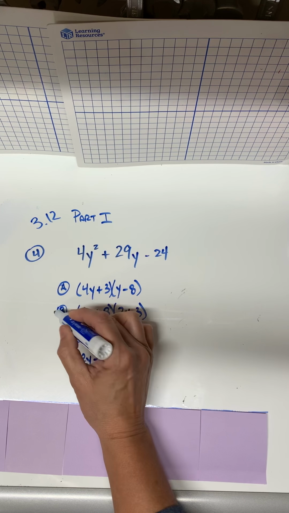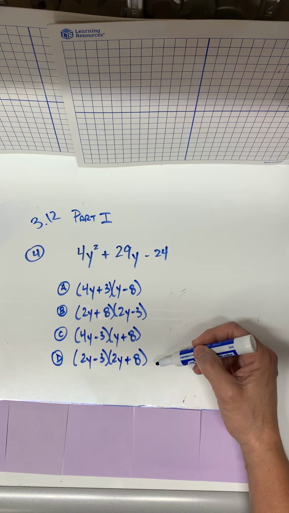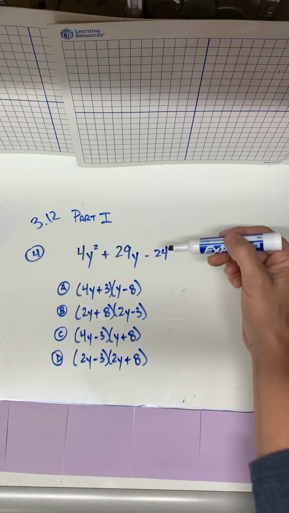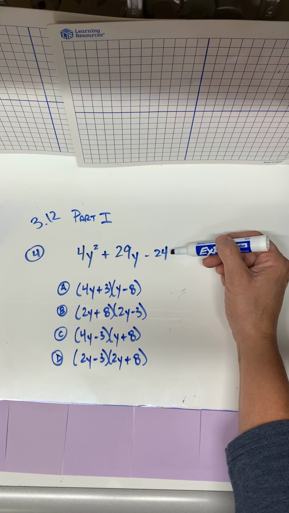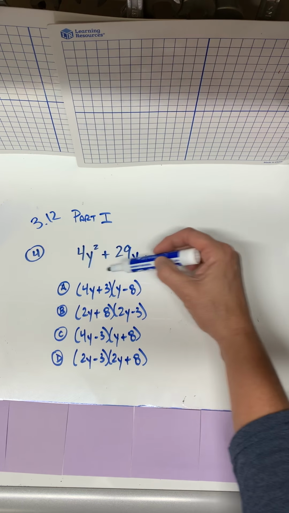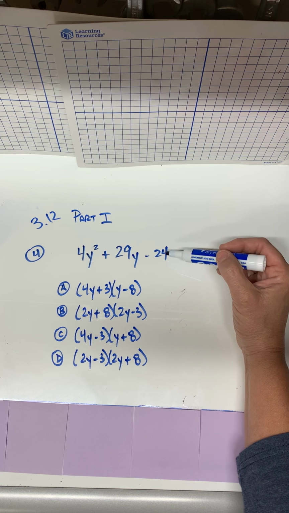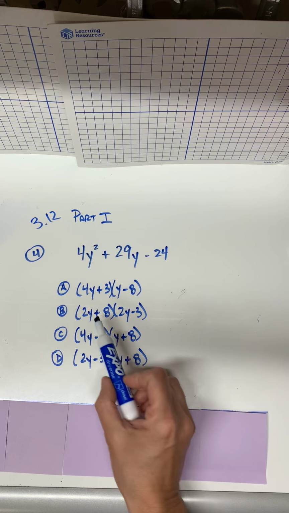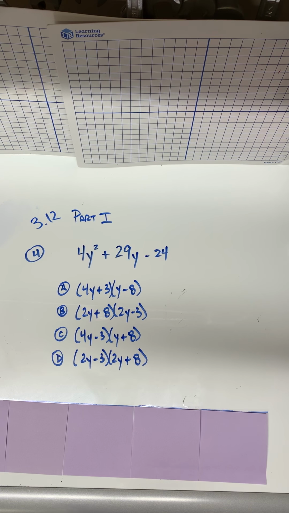There's only one right answer, and it would be whichever one, if you were to FOIL it, would result in this original trinomial. Now, you have not been taught how to factor this type of trinomial, and you will not be taught that in this course. So this becomes a question of literally doing the FOIL method on each of these to see which answer will give you that one.